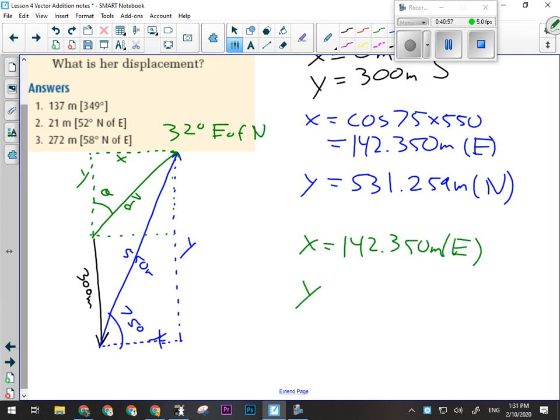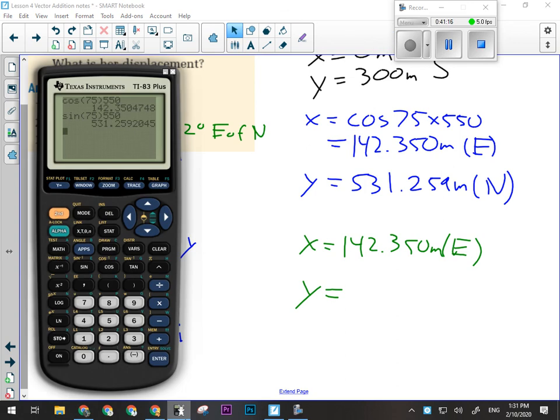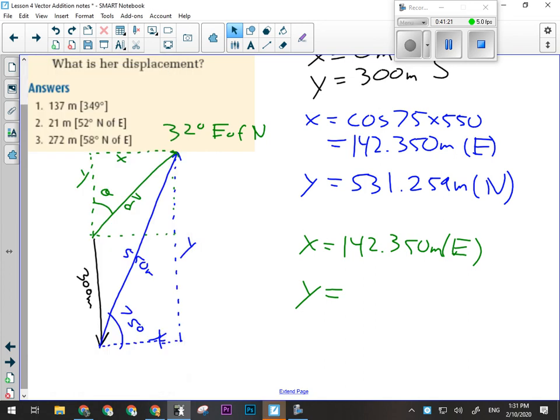And for green Y, I go 531.259 meters north after I've gone 300 meters south. So essentially I'm adding negative 300 to 531. We'll take our 531 and subtract 300 from that, which leaves us with 231.259 meters, and that's north, because we do end up north of where we started.